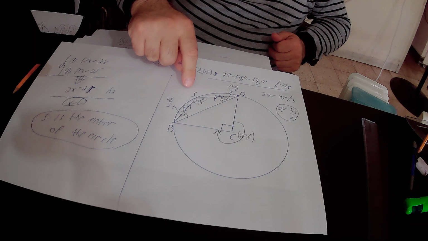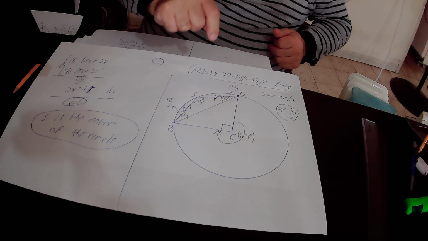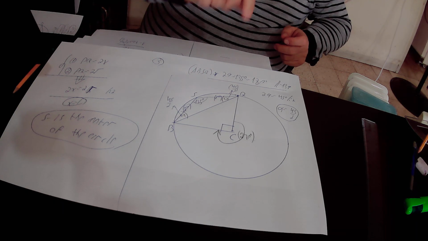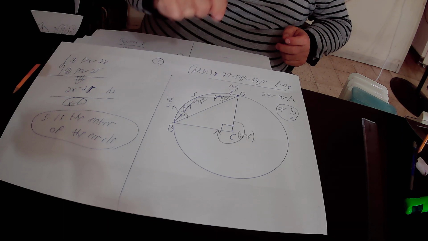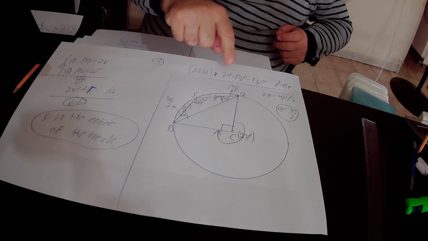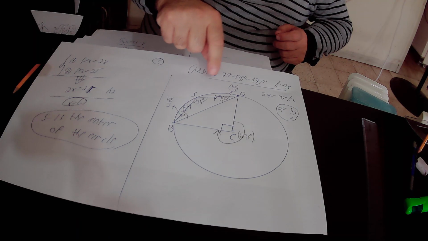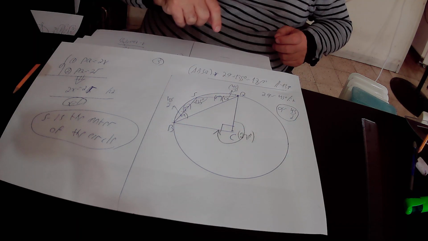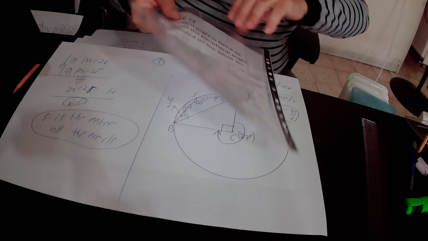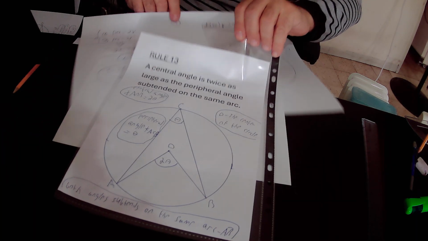We have already found out that SB equals SQ. They are both radii of the previous circle, therefore they are equal to each other. And then I completed this quarter circle to a circle. Then I presented to you rule number 13, and we implemented rule number 13 in our drawing.